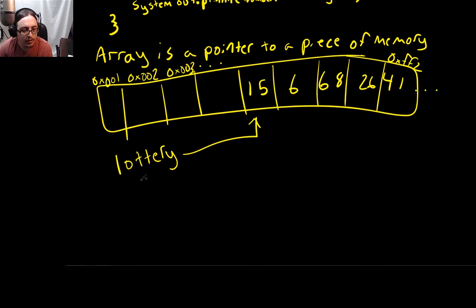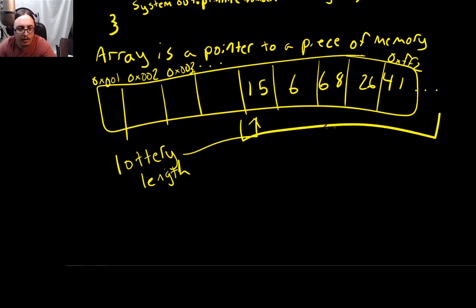And then internally, it also has a member variable called length, which tells you how big of a memory block this is referring to. So you could have other stuff in the nearby memory addresses, right? Maybe this is a B, this is an X, this is 22, whatever. But now you know that lottery is referring to this specific point.